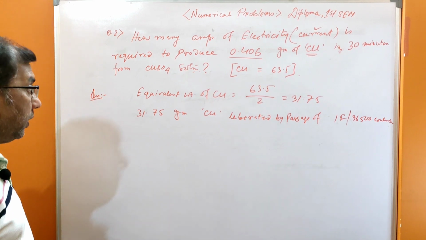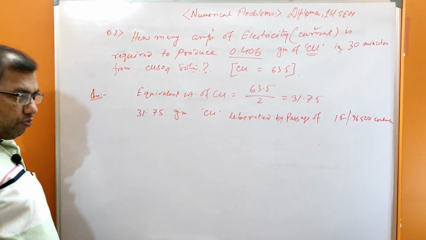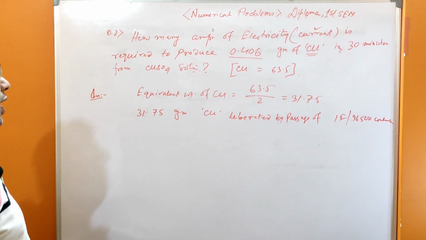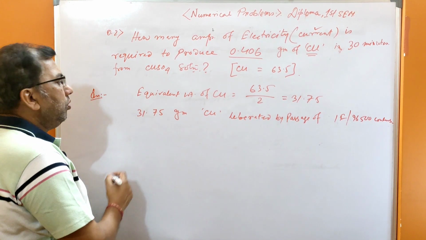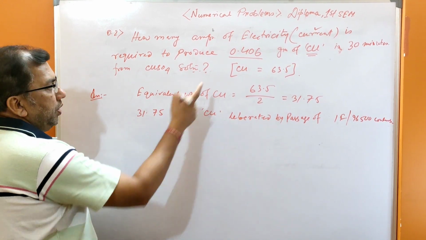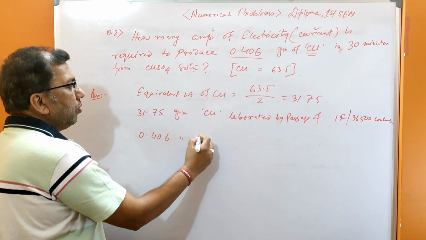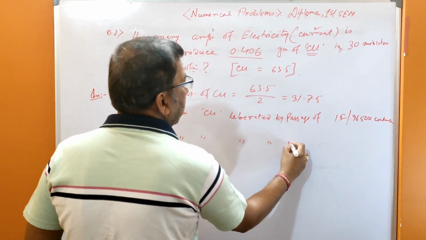So you have to deposit 0.406 gram. For 0.406, how much current in ampere is required? That means out here, 0.406 gram copper is liberated by the passage of what?